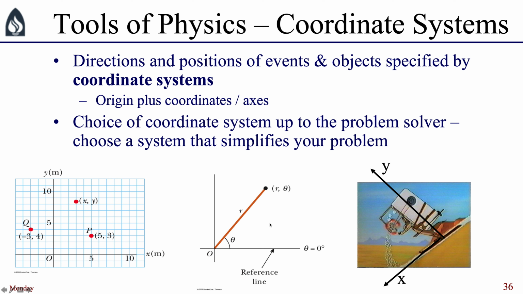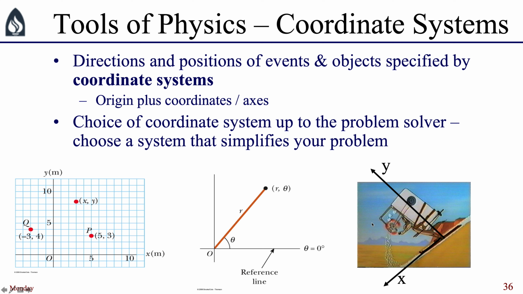So for example, if you were looking at a wheel, all points on the edge of the wheel would be at the same distance from the center of the wheel at the origin, and we can specify the location with just one number, which is the angle that that particular point is from some reference line.